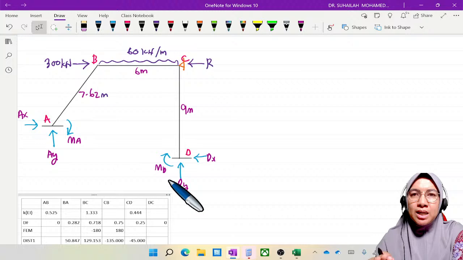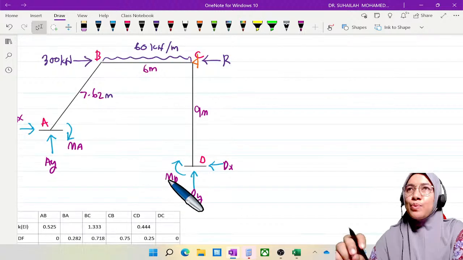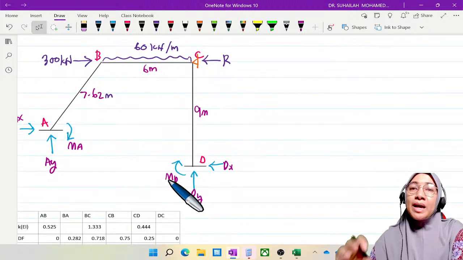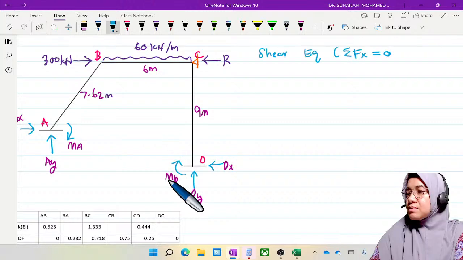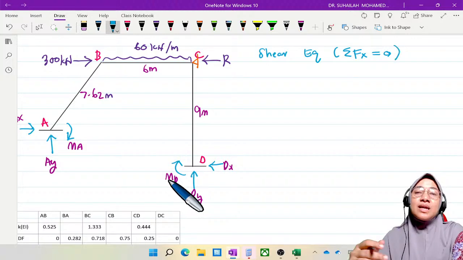So the shear equation, from this diagram we will write the shear equation. The shear equation is total Fx. Why do we do this? Because we want R, and R is in the horizontal direction.